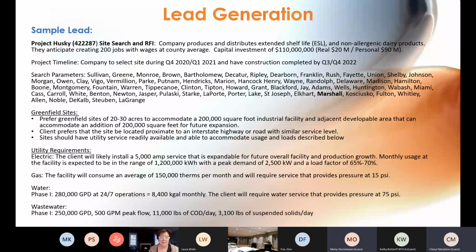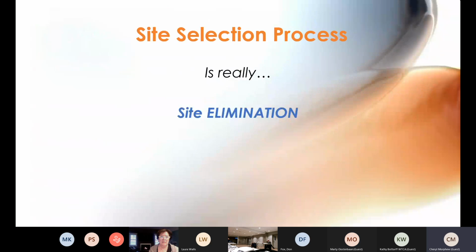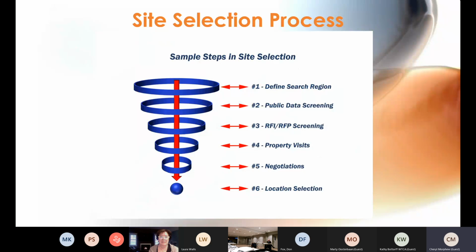Okay, so we're going to talk a little bit about the site selection process, and what I really want everyone to understand, it's really site elimination. And we'll talk about why that is. Here's a sample diagram of what the site selection process looks like. So as you can see, it's this upside down pyramid, this upside down funnel, whatever you want to call this illustration.